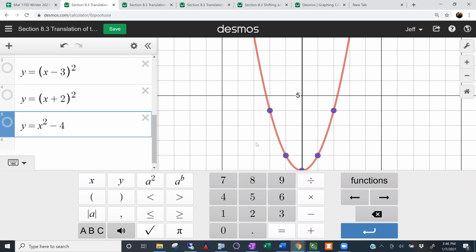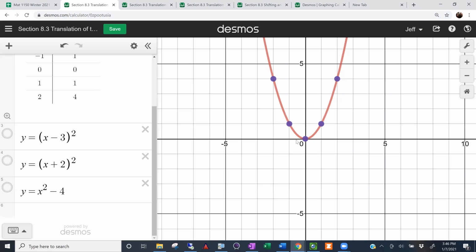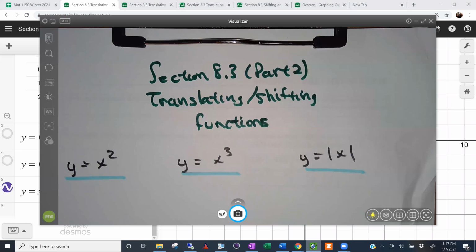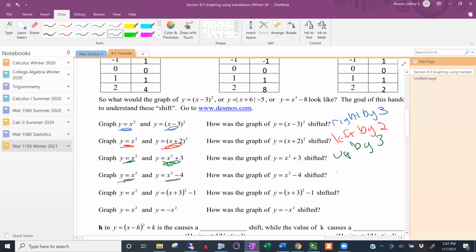So compared to the graph of y equals x squared, how do you think this graph is going to be shifted? Okay, so if you said down 4, then kudos to you. You nailed it. That one gets shifted down by 4. So let's slide that in here. Down 4. Nice.